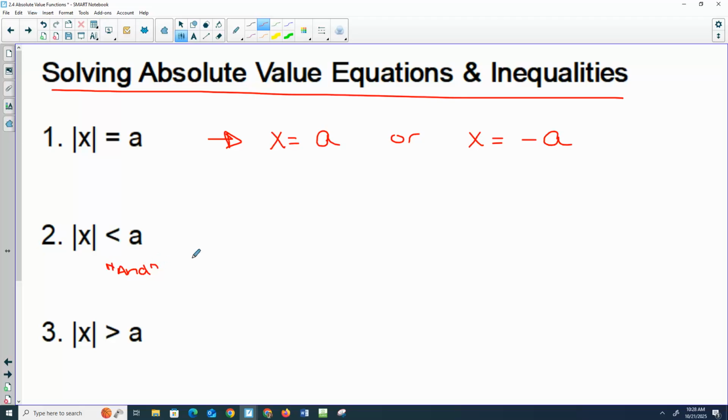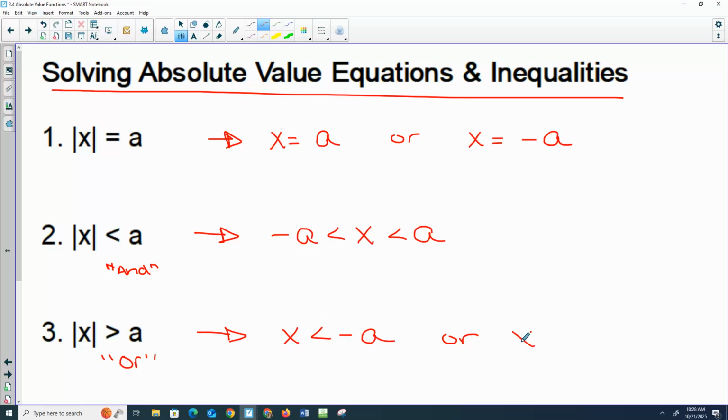There's a couple different ways to solve it, but what I usually do is set up a compound inequality. If the distance is less than a, that means your number has to be between positive and negative a. And if it's a greater than, that is an or statement. It has to be further than a units away. So it means it could be less than the negative or bigger than the positive.